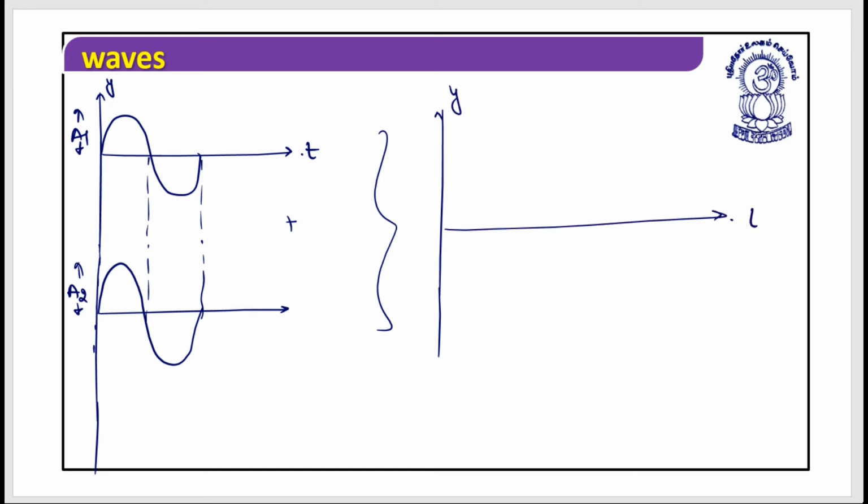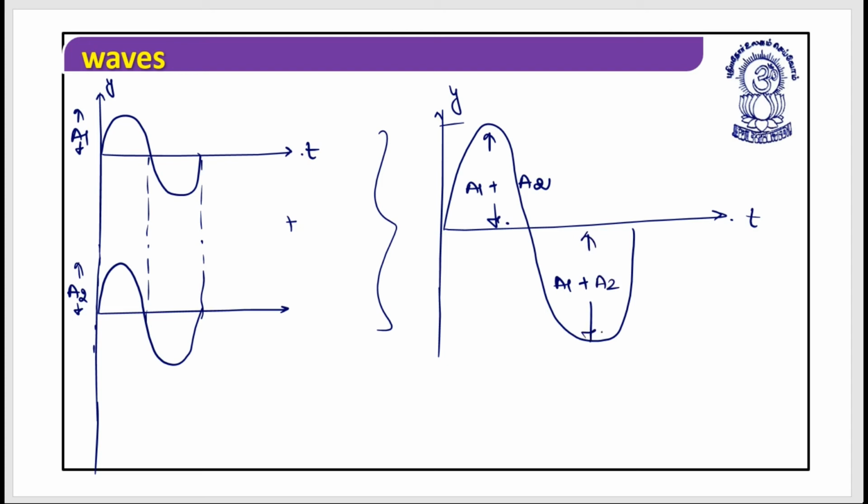This is Y versus T, and this amplitude will be equal to A1 plus A2. This is again A1 plus A2. Yes, this is the case of constructive interference, where both amplitudes add with each other.